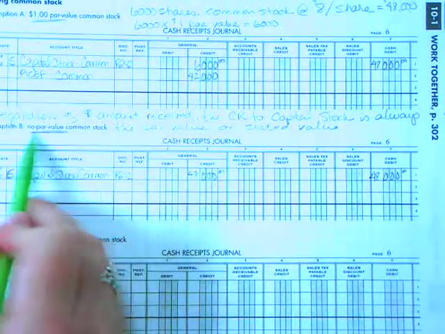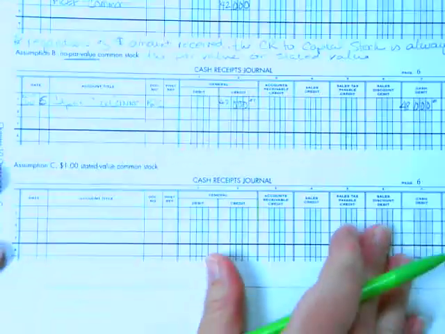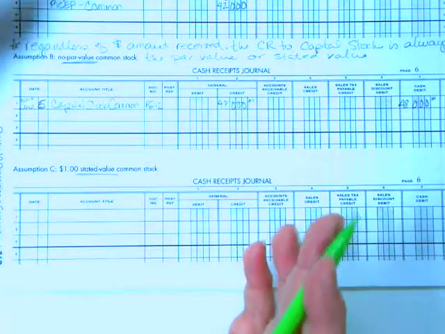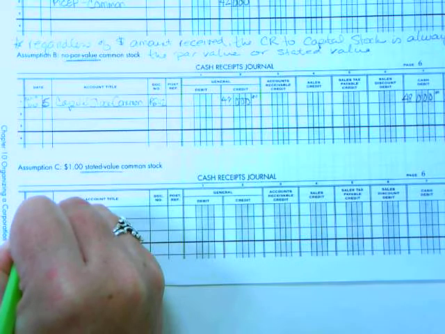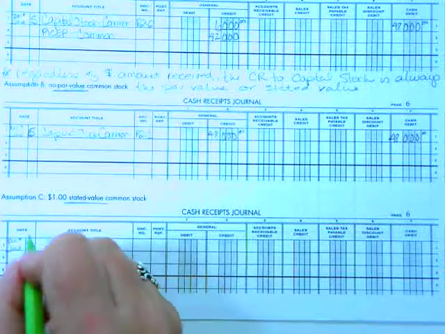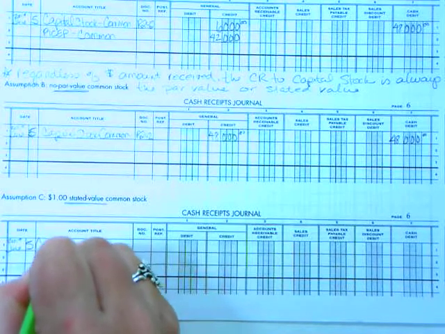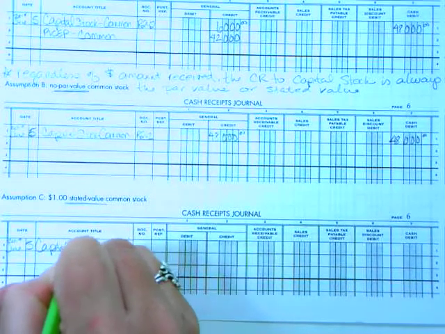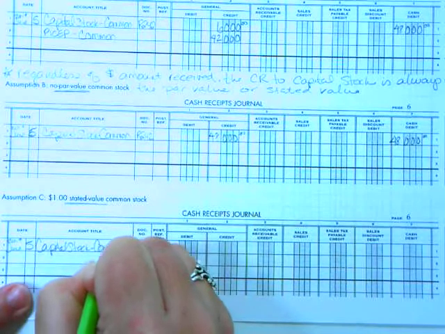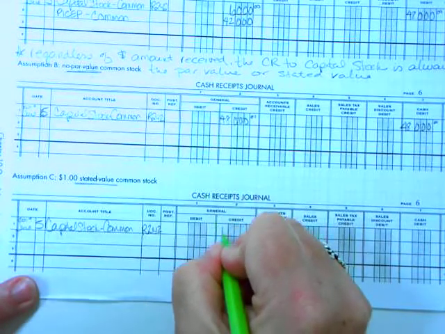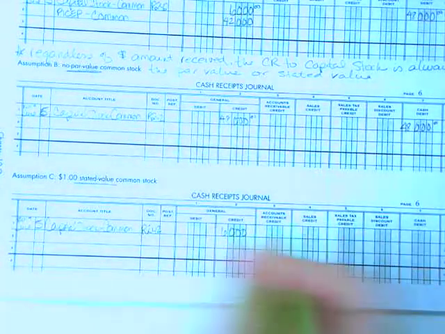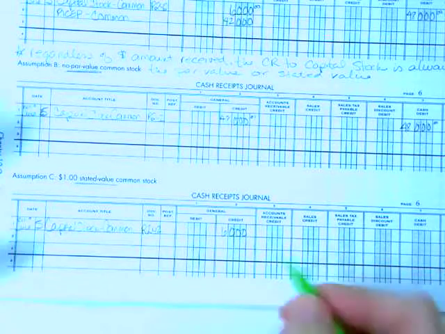Dollar par, no par. This was stated value. And stated value, it's going to look just like par value. So June 5th. Capital stock common. Receipt 242. The 6,000, because it's a dollar stated value. Now that could be different.